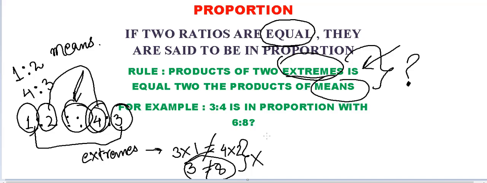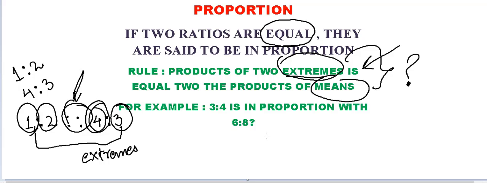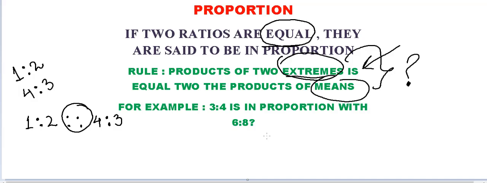Now I will take another example, to check whether 3:4 is proportional to 6:8. So the very first thing I'll do is write these ratios like this: 3:4 and 6:8. Now I will take the product.